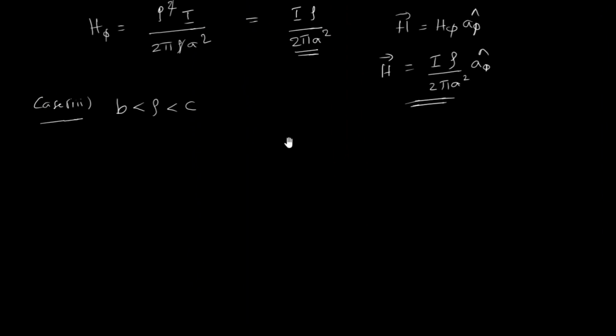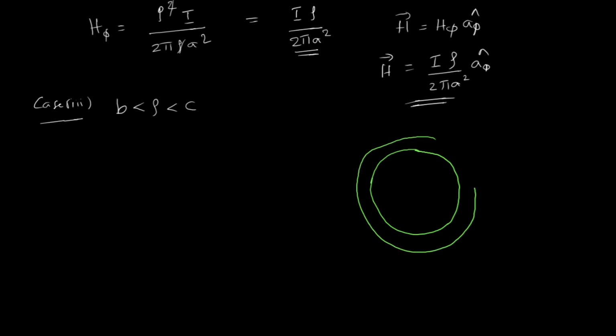So now how will I find how much is the current enclosed within that outer area? For reference I can just draw it here. Consider that this is my outer conductor, having two radii B and C. Pardon me for the very bad circle.